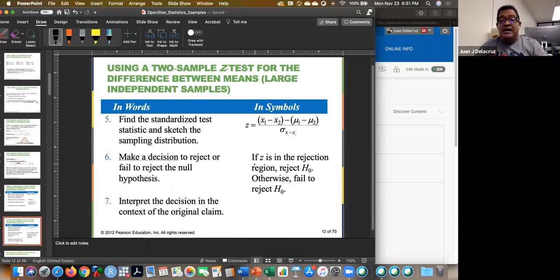We are going to either use the rejection region or the comparison between the p-value and alpha. In the first case, if the test statistic is in the rejection region, then we reject H naught, otherwise fail to reject. Then we make an interpretation of the decision in the context of the original data.